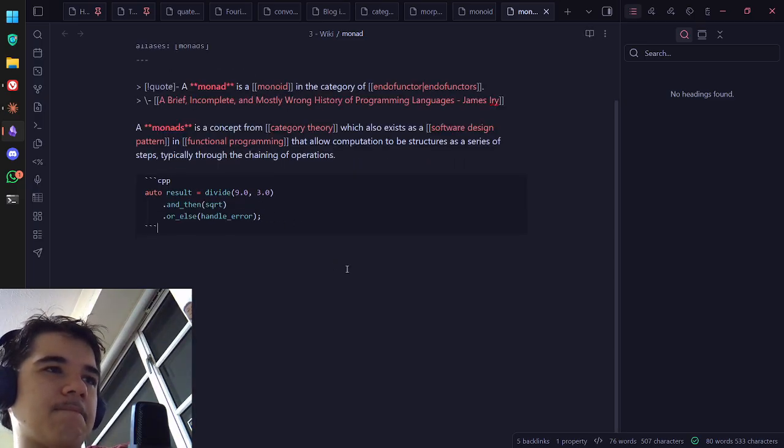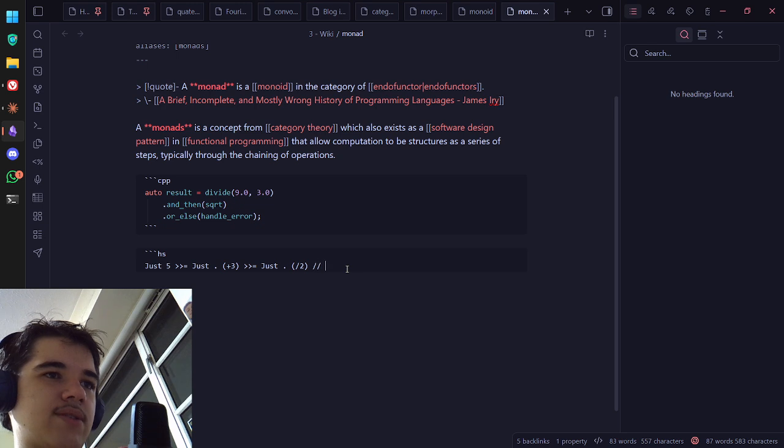And to include an example from Haskell, if I have Just 5, I can do Just plus 3, then I divide by 2, I guess.